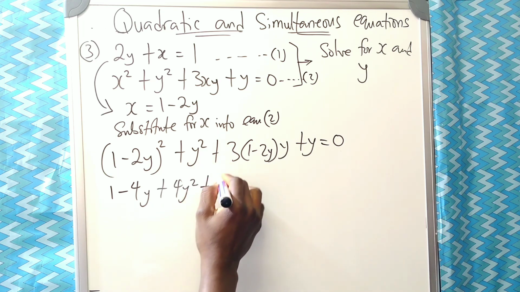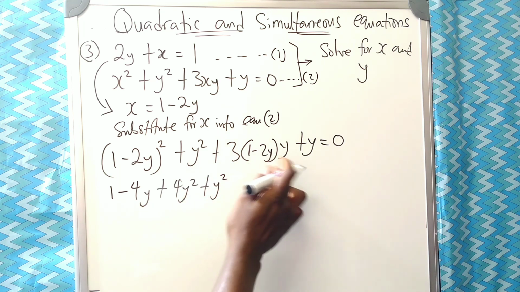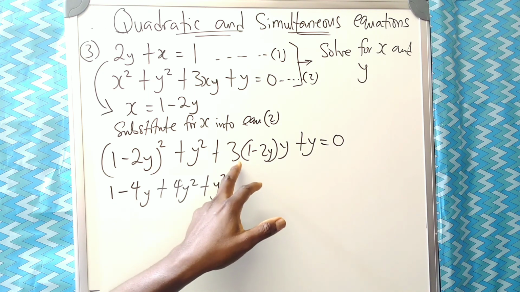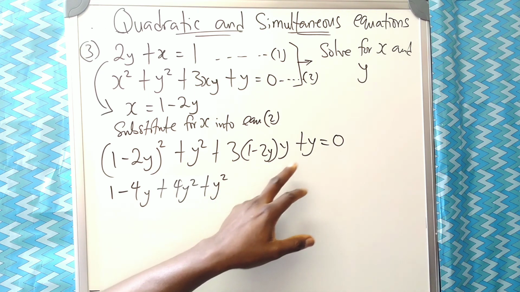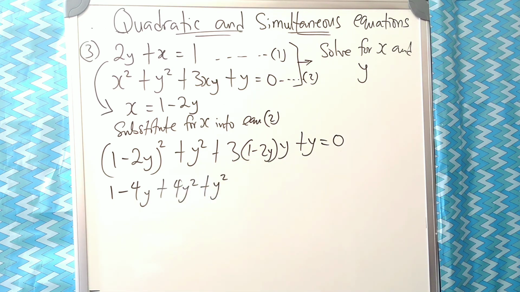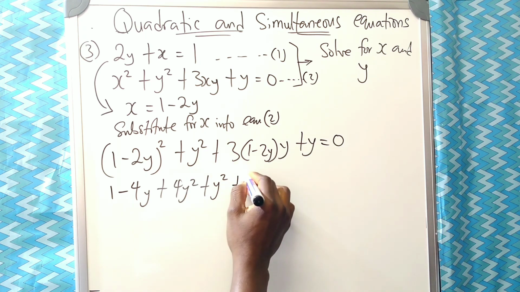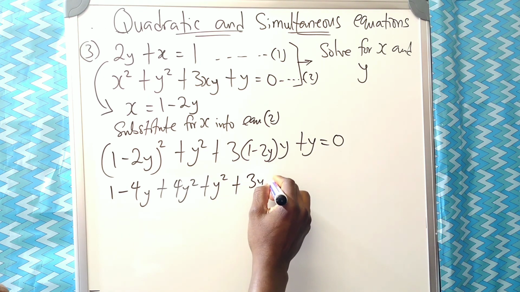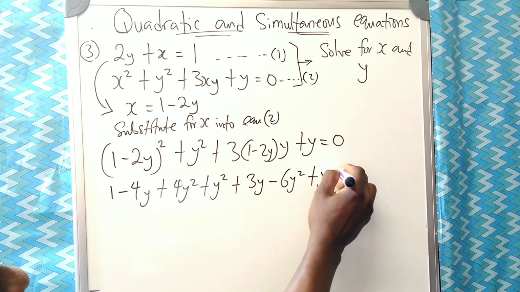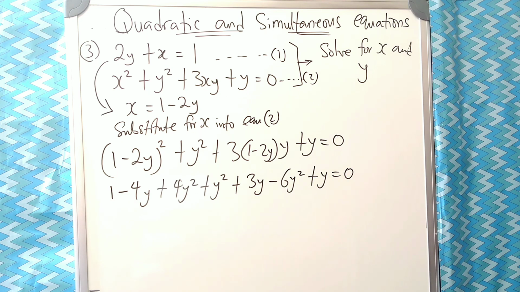Then plus y squared. If we expand this bracket also, we use 3 to multiply the bracket, then we use y to multiply the whole thing. If we do that, we're going to have plus 3y, then minus 6y squared plus y equals 0. I believe you are following.